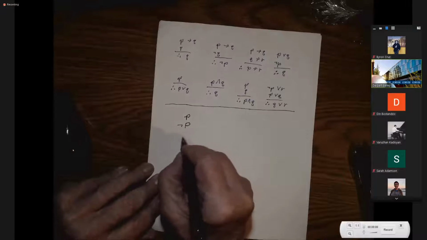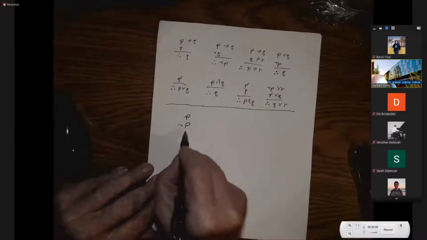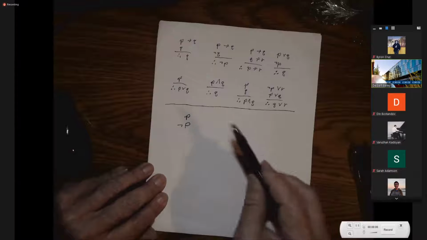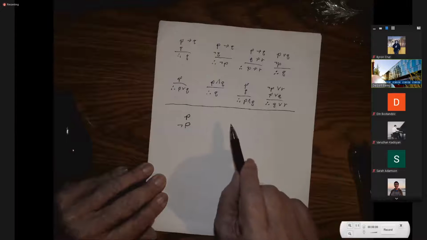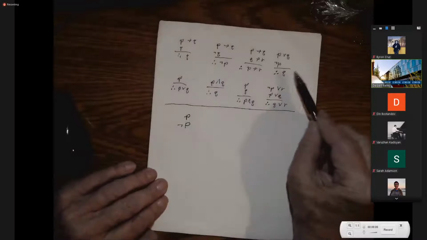Then from this, if not P is true, let's see the argument that I want here.